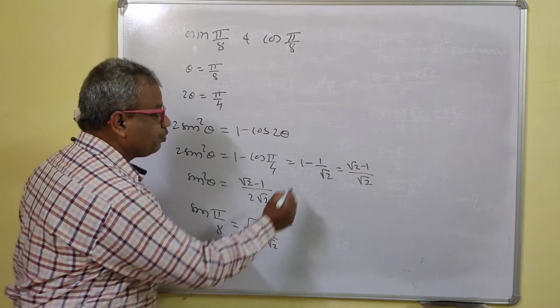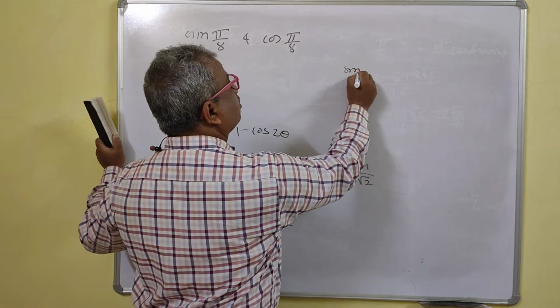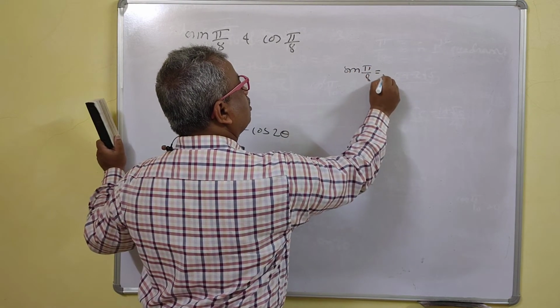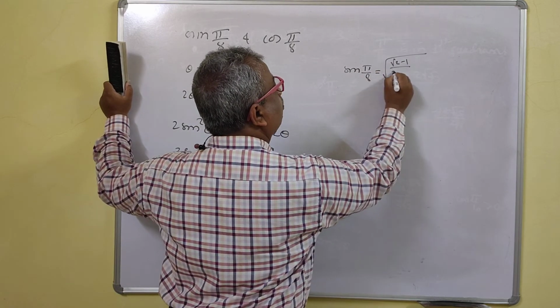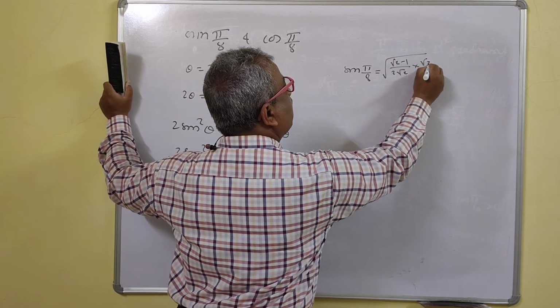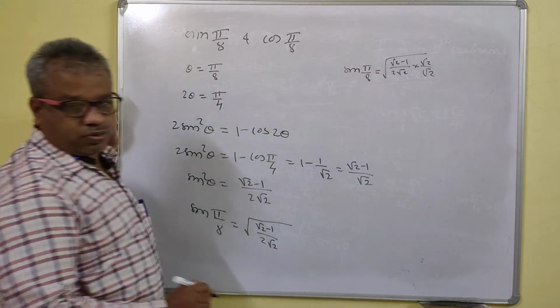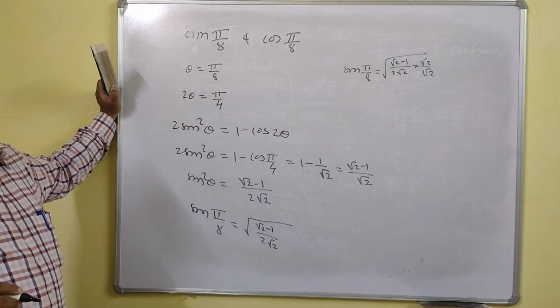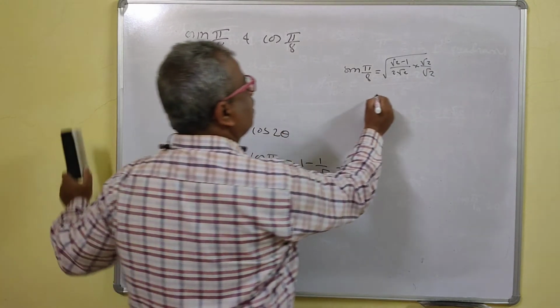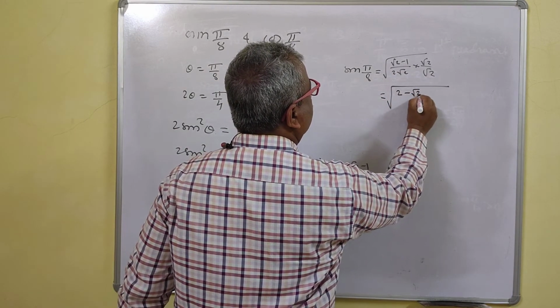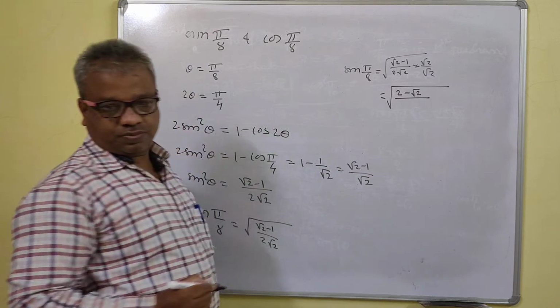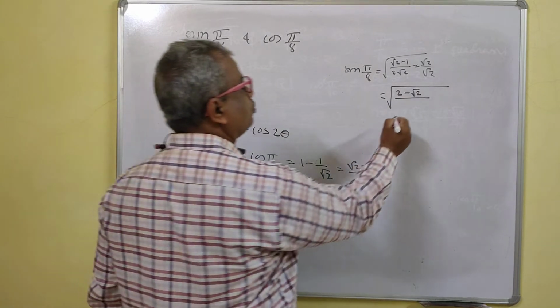What we do? So sin pi by 8 is equal to root of root 2 minus 1 upon 2 root 2. If you want to simplify, multiply and divide by root 2. Root 2 into root 2 is 2, so we get 2 minus root 2 upon 4.